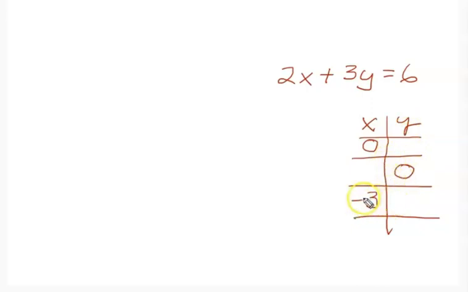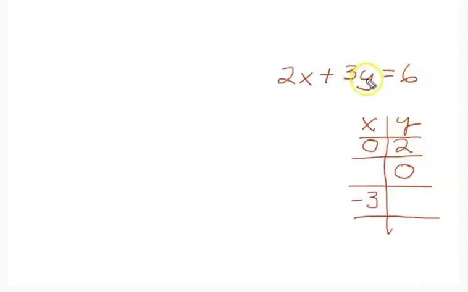This is one that was on the previous slide. We'll go over that shortly. But notice what happens here now. If x here is a 0, 2 times 0 is 0, we get 3y equals 6. Divide both sides by 3, y is going to be 2.